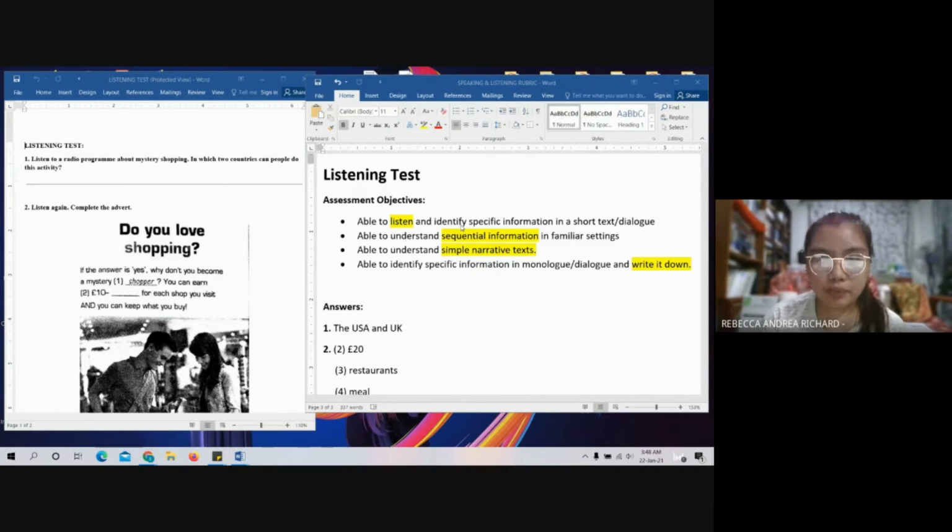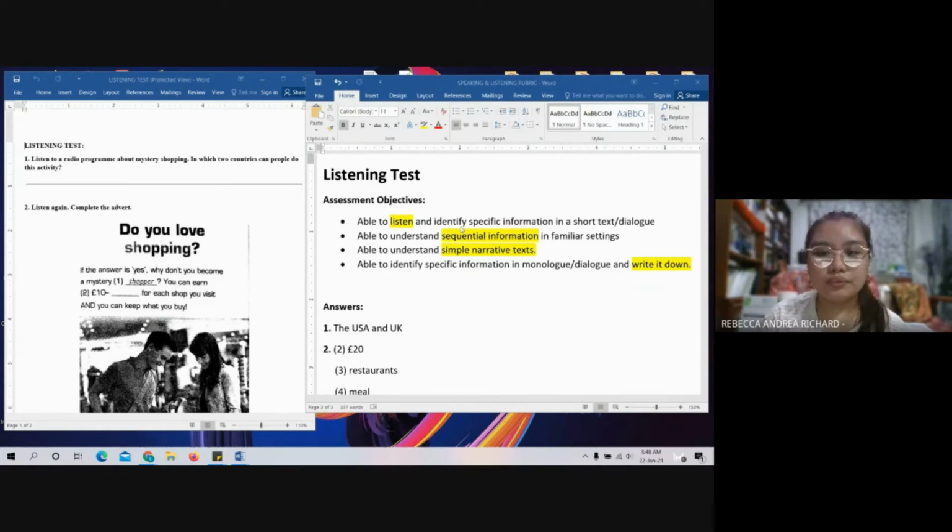The second point is the student's ability to understand sequential information in familiar settings. The third point is the student's ability to understand simple narrative text, and the last one is the student's ability to identify specific information in monologue or dialogue and write it down.